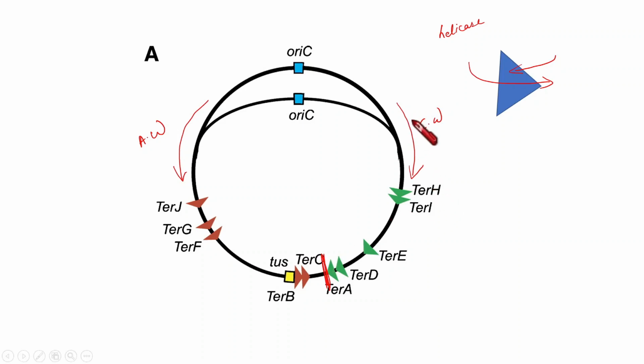Then take the case of the replication fork on the other side. That helicase can move easily because it is facing only this side of that protein. Then it moves this way, and on reaching here, the helicase proceeding along this side gets stopped. So in that way, termination of replication in prokaryotes takes place.